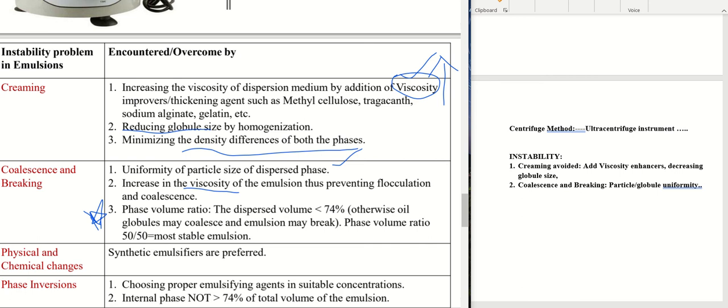If our formulation needs more internal phase, if it tends to be a solid kind of emulsion, then we, being pharmacists, need to increase the quantity of internal phase. In such a case, you should make sure that it does not exceed 74%. That is the most important one, the phase volume ratio.